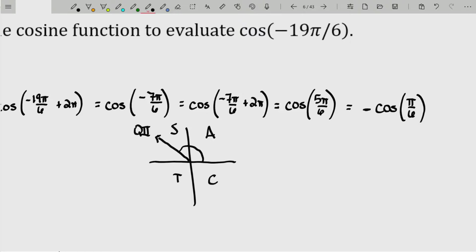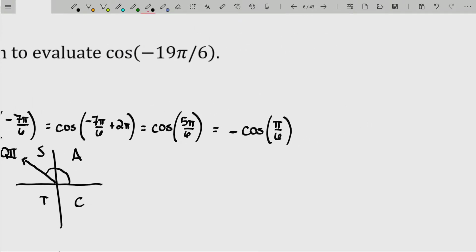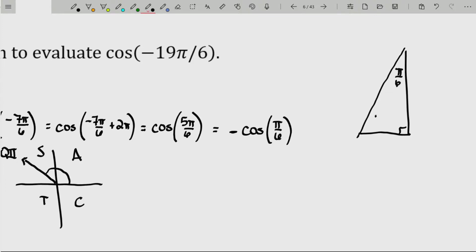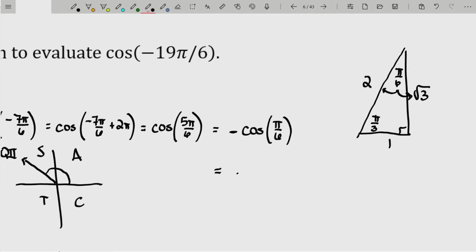So this is a negative cosine of the reference angle of pi over 6. And I will go ahead and draw out my pi over 6, pi over 3 right angle triangle. 1, 2, root 3. And cosine of pi over 6 is adjacent over hypotenuse, root 3 over 2. So the answer will be negative, because quadrant 2, root 3 over 2.